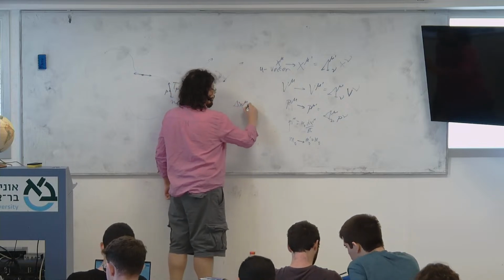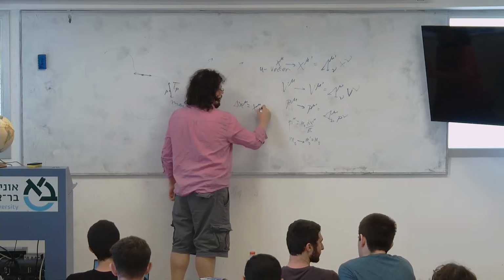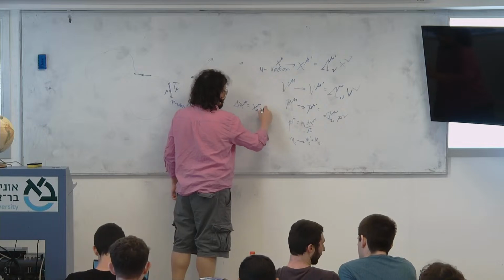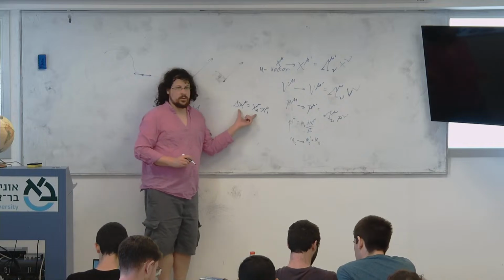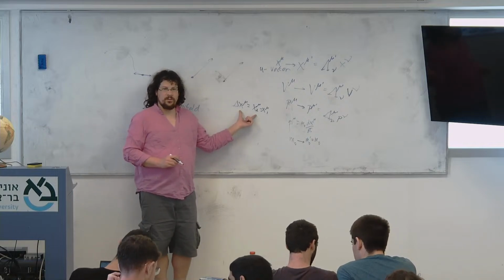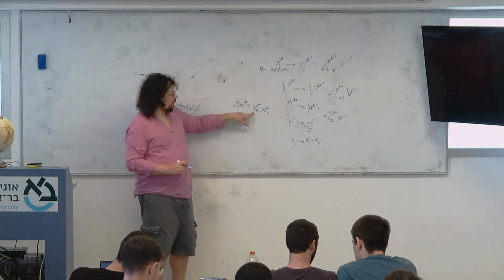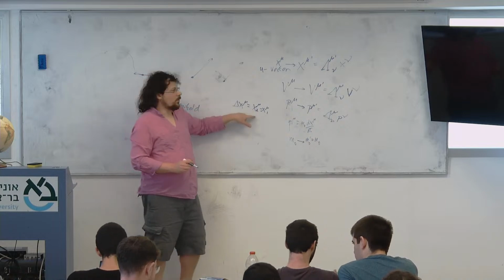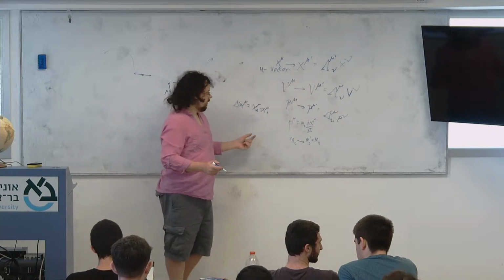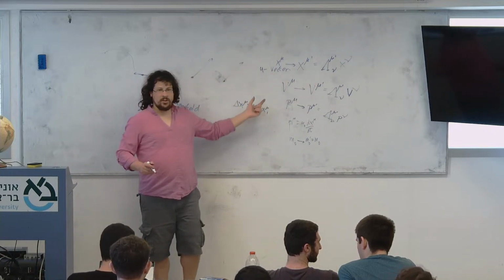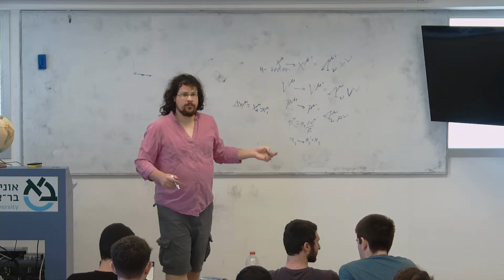So, Δx^μ is x^μ_2 minus x^μ_1. How does this thing transform under a Lorentz transformation? I know how to transform this, I know how to transform this. I multiply them by the matrix, by definition. But matrix multiplication is a linear operator.